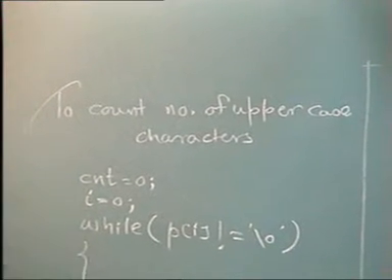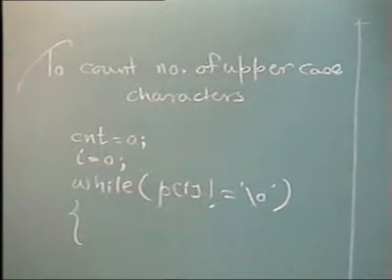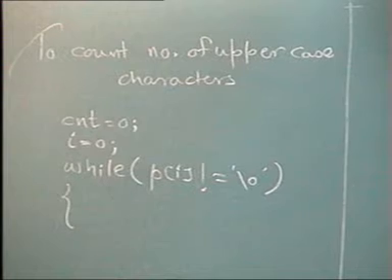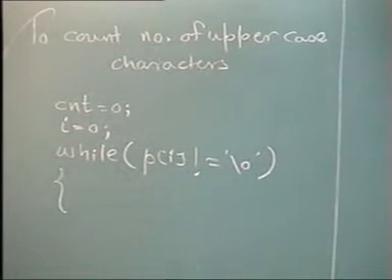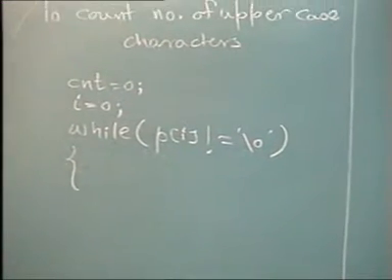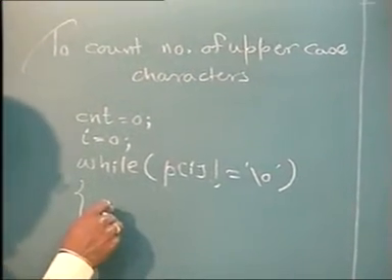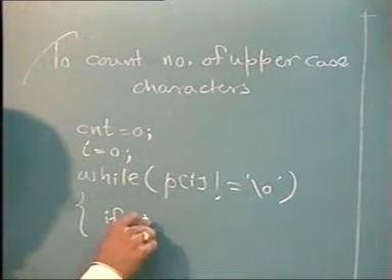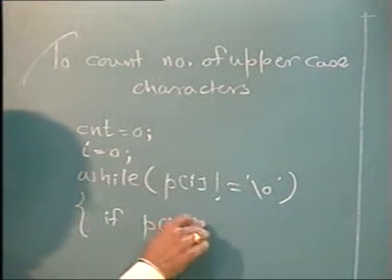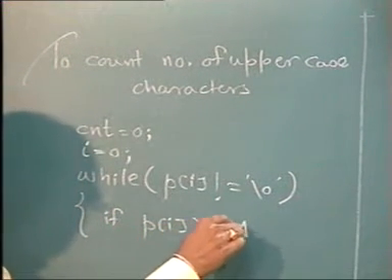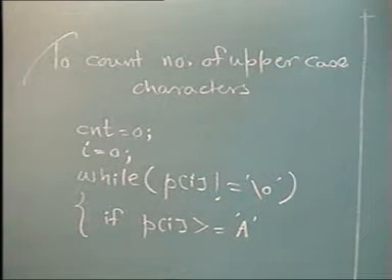how will I check whether it is uppercase? I can say that if P of I is greater than or equal to single quote capital A, it is between capital A and capital Z, no?